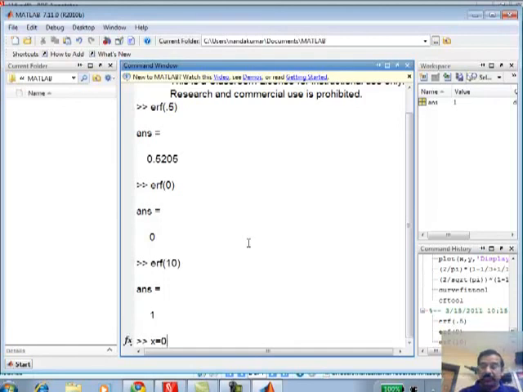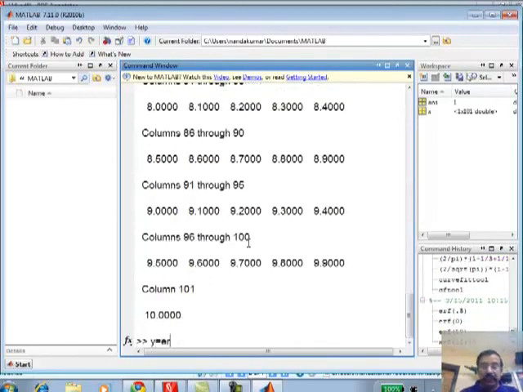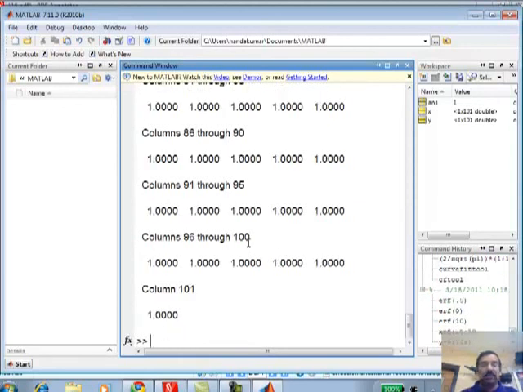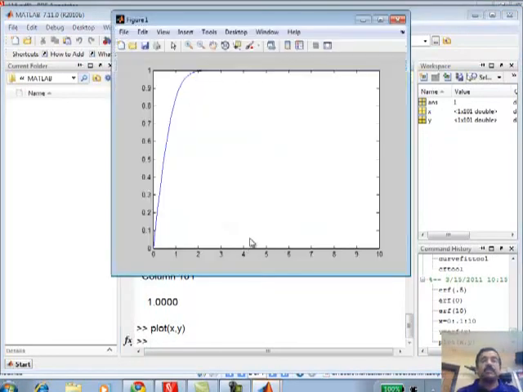You create x equals 0:0.1:10, and then y is equal to erf of x, and then plot x comma y. That's how the error function looks. So it's a function that starts from 0 and then goes towards 1. It's well scaled, and it is almost 1 above a value of 3 or 4. And it asymptotically reaches a value of 1.